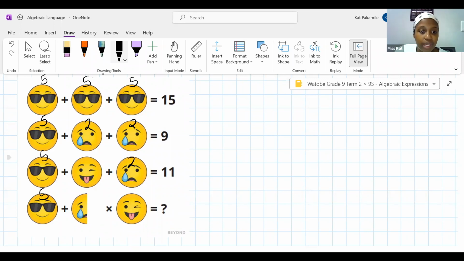And this one is a 4, because 5 plus 2 would be 7 and you need 4 to get to 11. So half of Sad Face would be how much? Half of 2 is 1. So what is my answer?